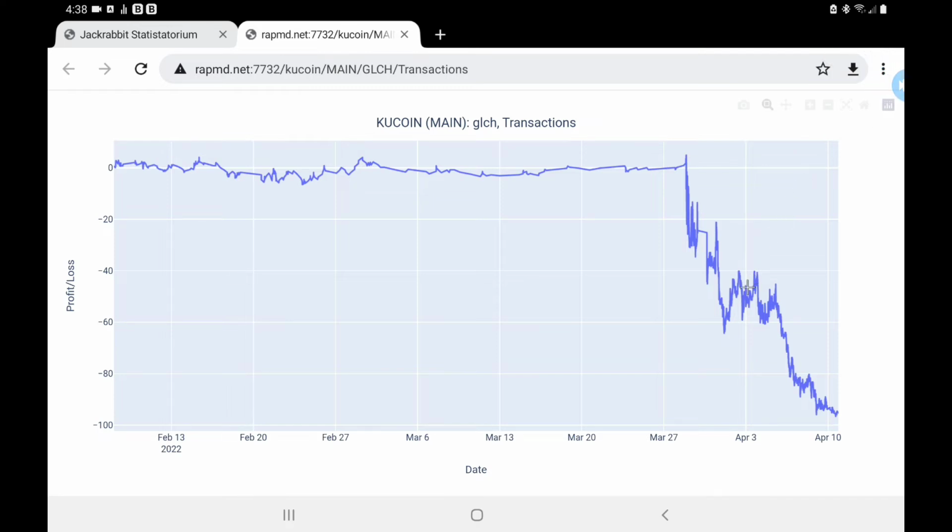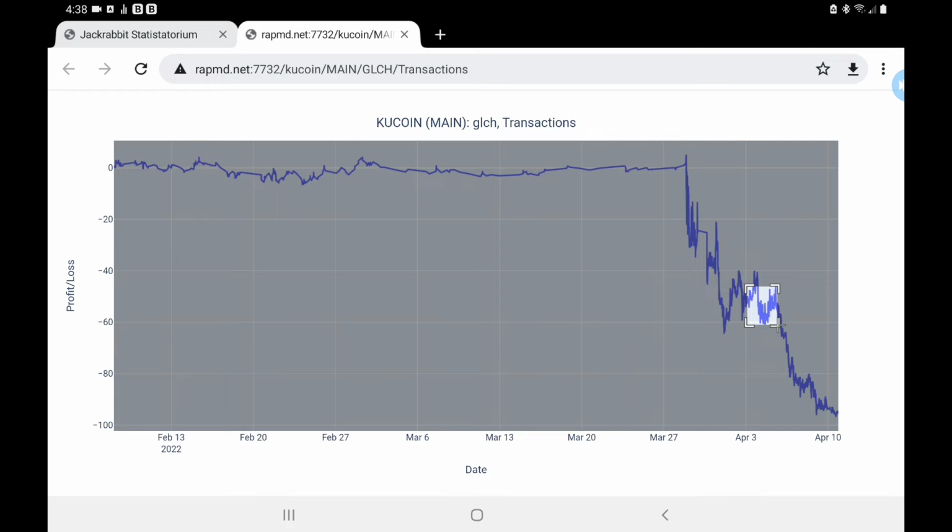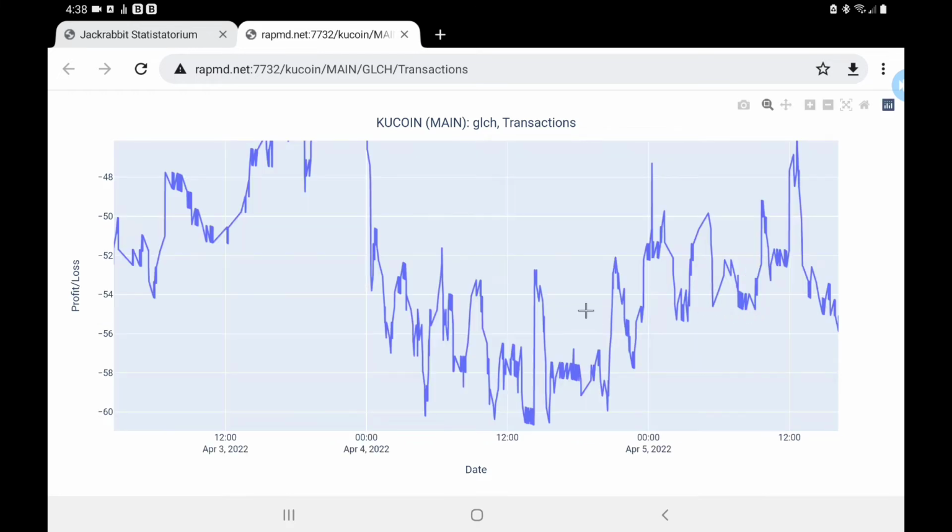Now let's move to another area. I'm going to zoom in, and you'll see multiple times I became the whale. Multiple times the portfolio was cannibalized over and over again because of the aggressive trading frequency. Let's take a look at this one here.